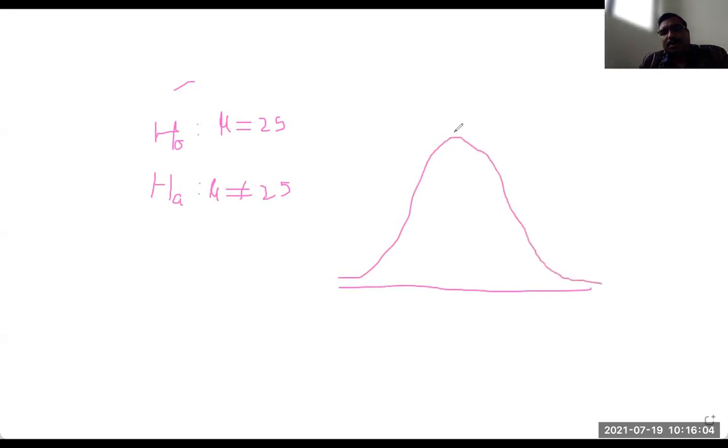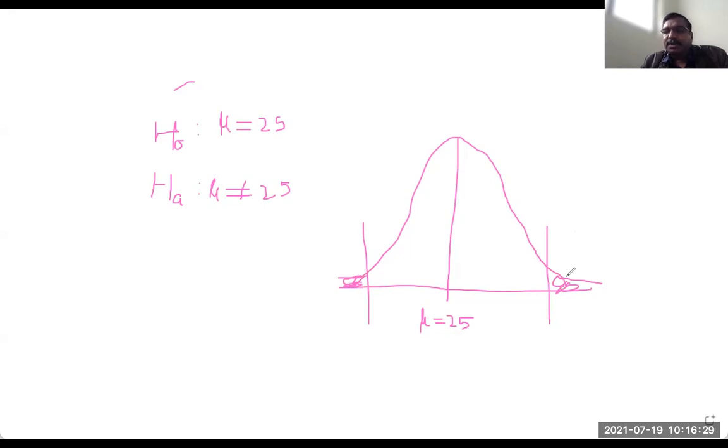In that case, let's say we draw it and fix the mean value here, mu equal to 25. In this case, we have to fix the alpha value for both sides, this region and this region, the low probability regions.